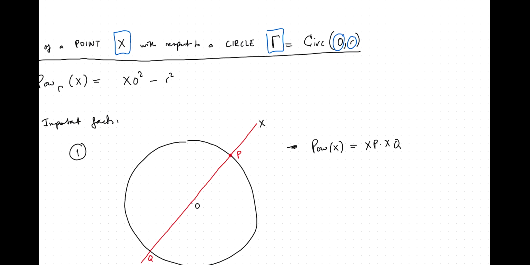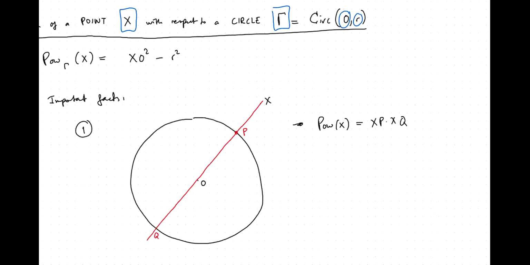But the really nice thing is that this doesn't have to be the diameter. You can draw any line that goes through X and intersects the circle at any two points A and B, and you have the same thing equal.